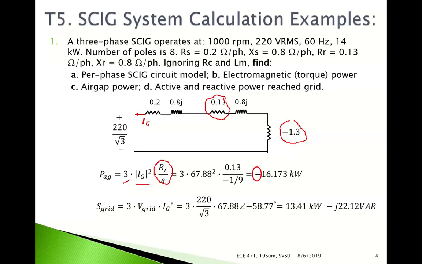The last one is question D, the grid received active and reactive power. We can feel free to use the three-phase apparent power equation, which equals 3 times the phase voltage in RMS value times the phase current in RMS conjugate.